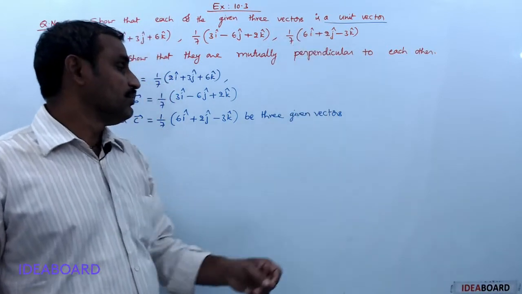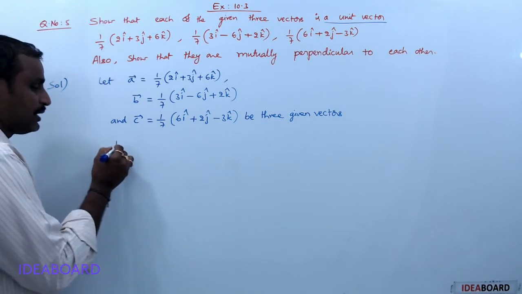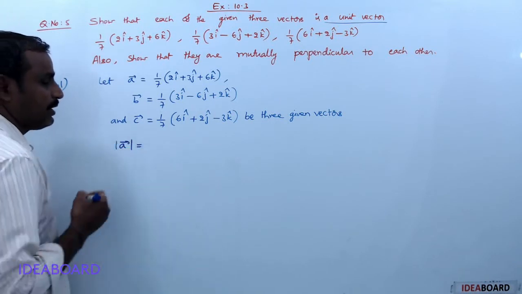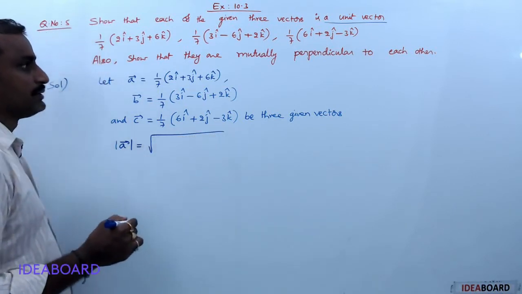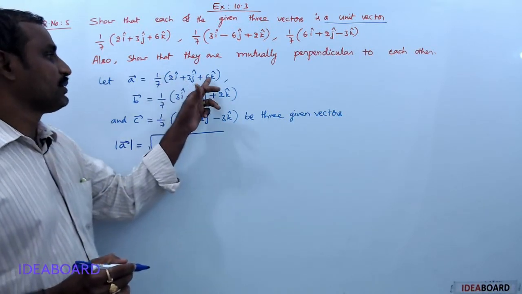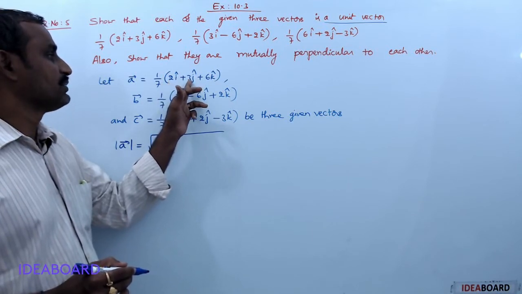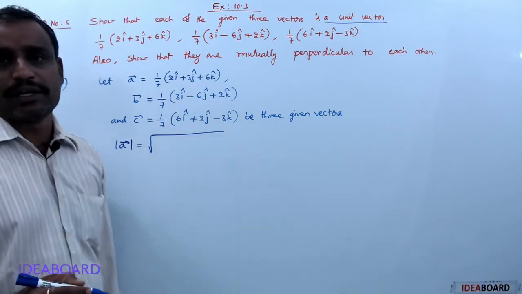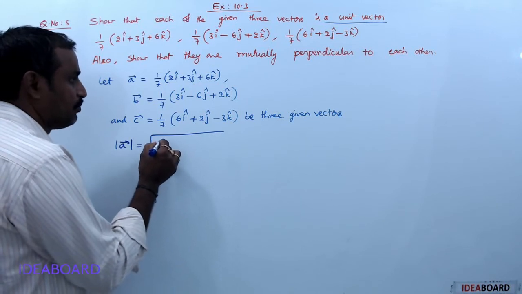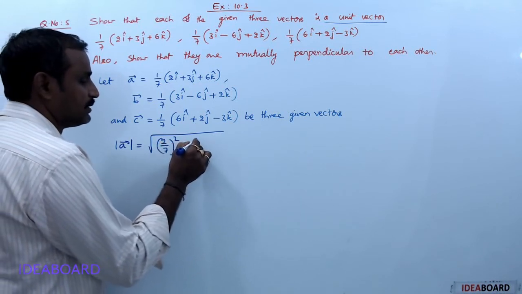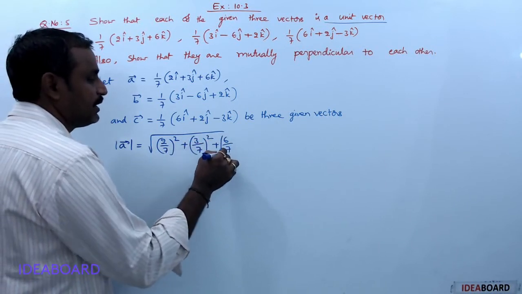So we need to calculate the magnitude. First, calculate the magnitude of a bar, which is equal to the square root of the scalar components, 1 by 7 multiplied to each: 2 by 7 i cap, 3 by 7 j cap, 6 by 7 k cap. Square these scalar components and add them: 2 by 7 whole square plus 3 by 7 whole square plus 6 by 7 whole square.